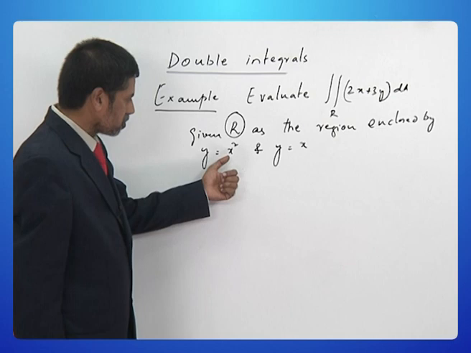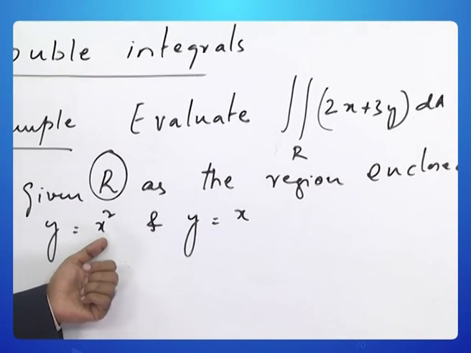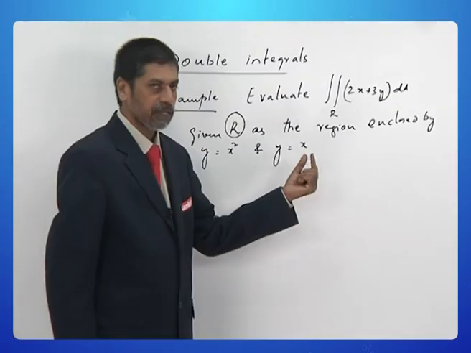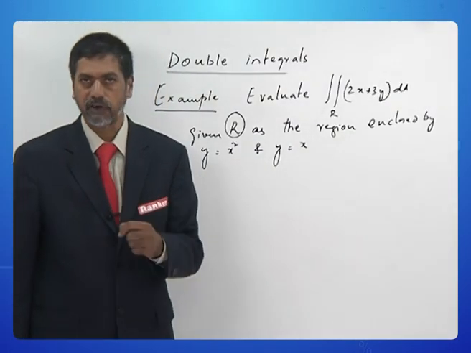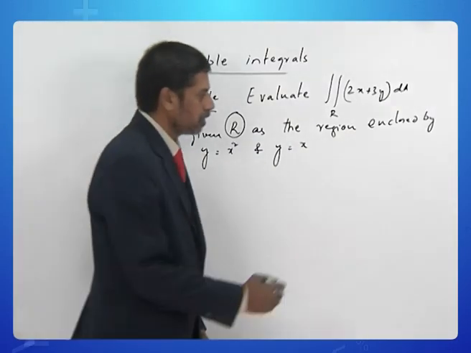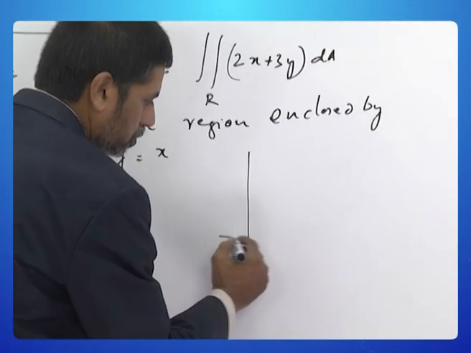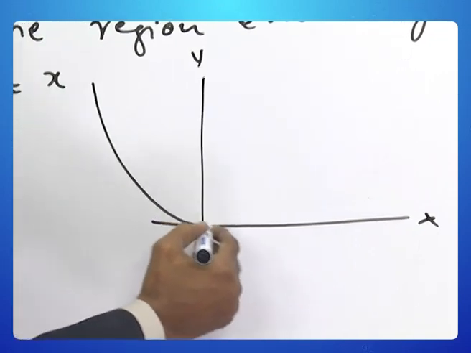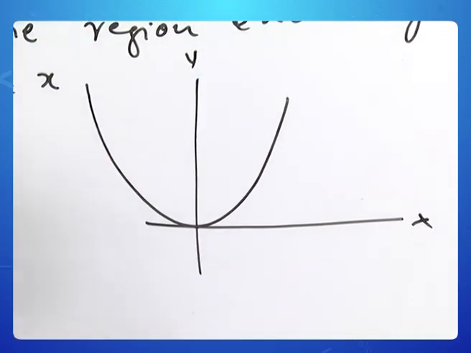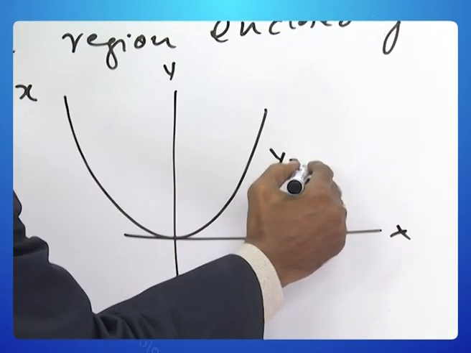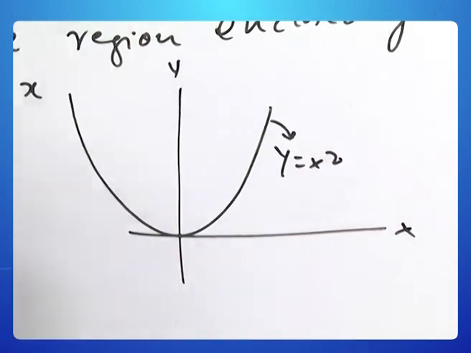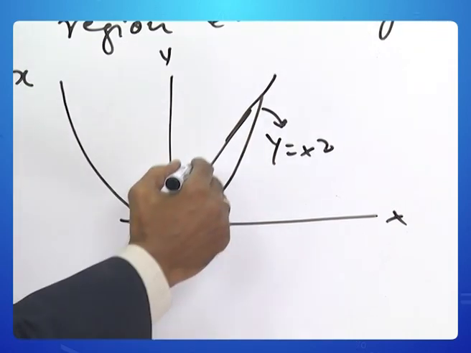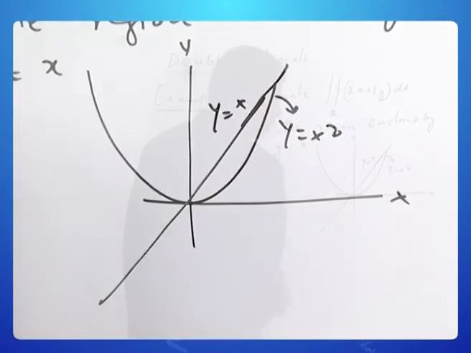Now all of us know y is equal to x square stands for a vertical parabola and y is equal to x is a straight line through the origin inclined at 45 degrees to x axis. So this is y is equal to x squared and then this is y is equal to x.